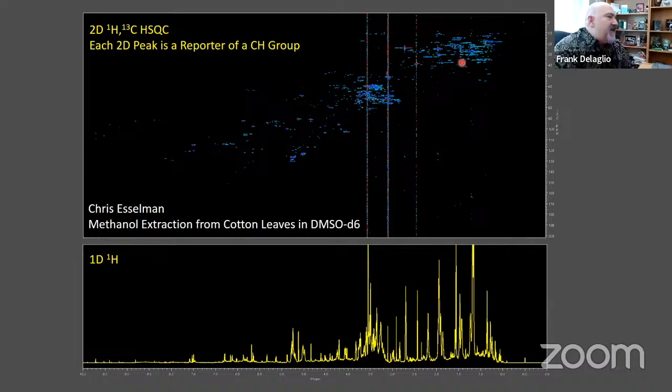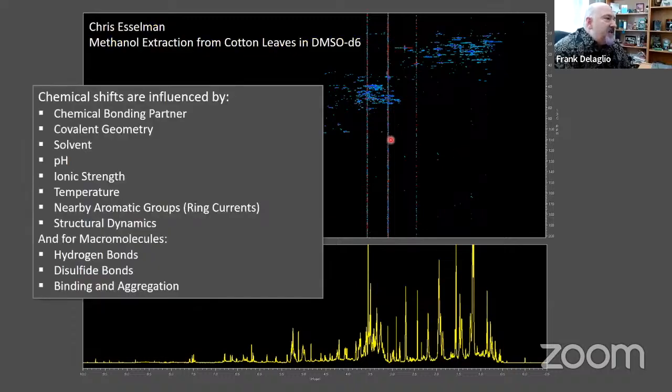So each one of these peaks in this 2D spectrum matches up with one of the peaks in the 1D proton spectrum, and the coordinates of that peak in the two dimensions are the NMR frequency of the hydrogen atom that's in the horizontal dimension here, and the carbon frequency of the carbon atom that it's bonded to.